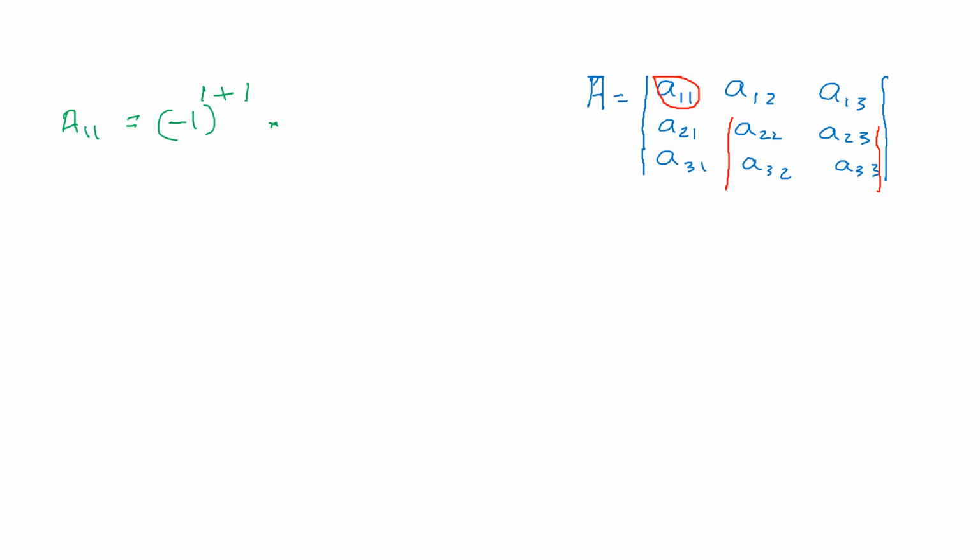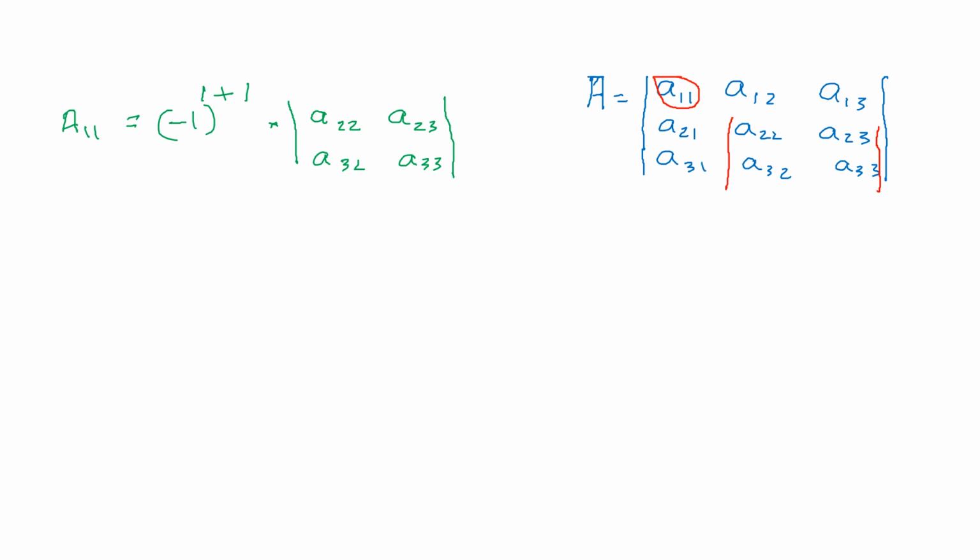So the minor of A11 is the determinant with rows A22, A23 and A32, A33. So you know how to solve this determinant. In the problem we will do that.